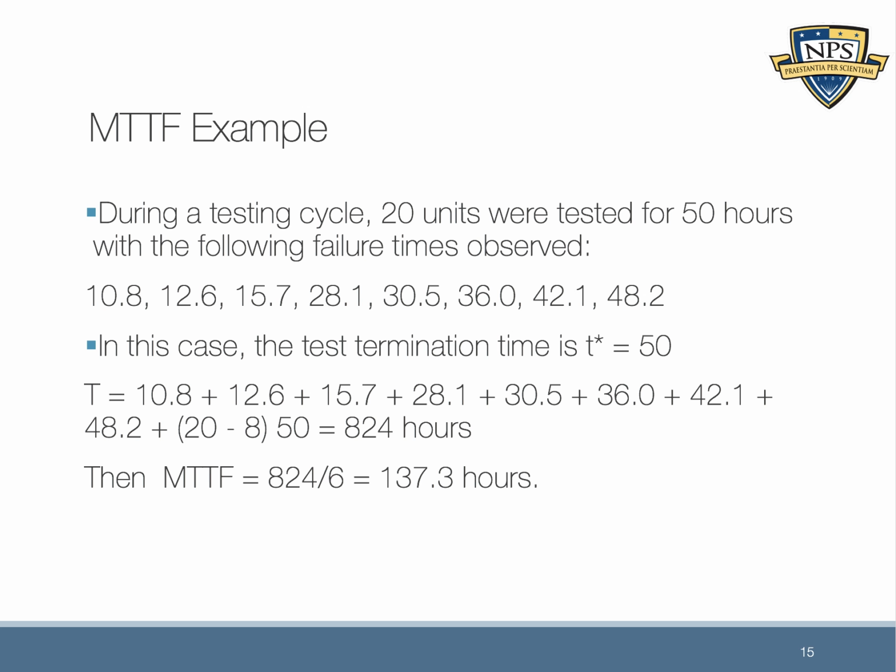So we add up the individual test times of all the units that failed prematurely, and then for the remaining 12, which is the 20 minus 8, those completed 50 hours. So we can determine that there was 824 hours of test time, and as a result, we can use a simple MTTF calculation, which is, oops, sorry, one second here.